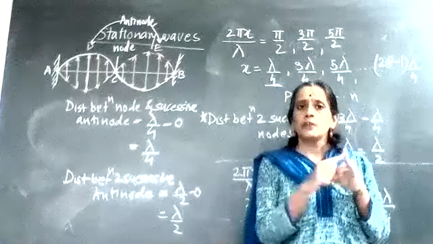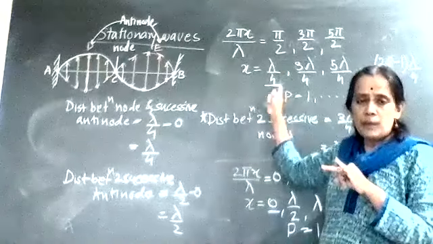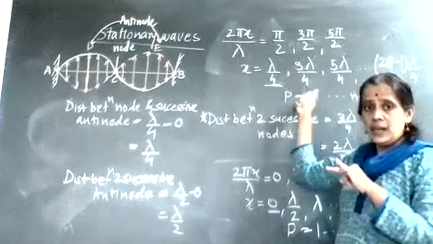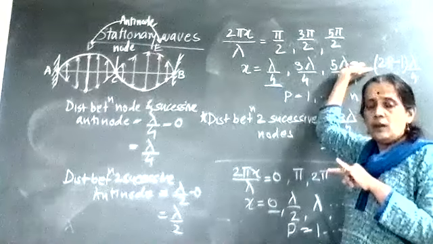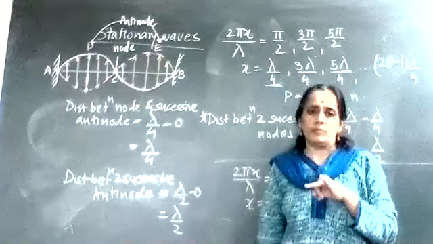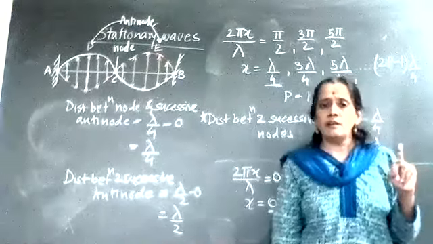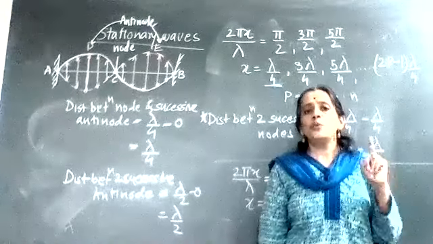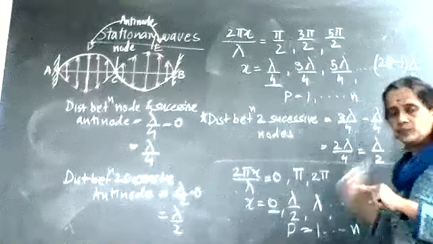Second, the node points will be obtained at a distance lambda by 4, 3 lambda by 4, 5 lambda by 4, or the general formula (2p minus 1) lambda by 4. Then, third important point, the distance between two successive nodes is always lambda by 2.